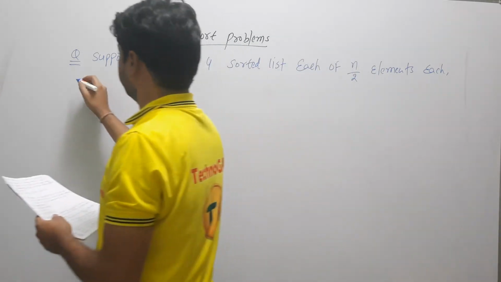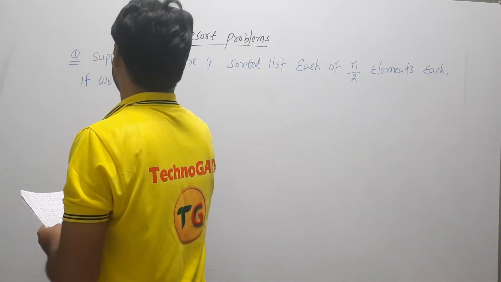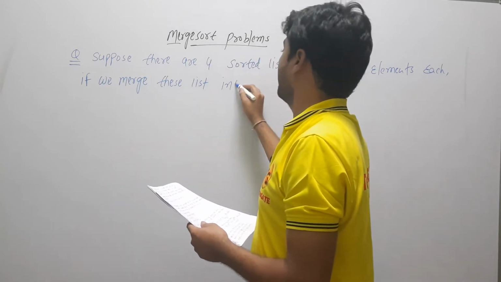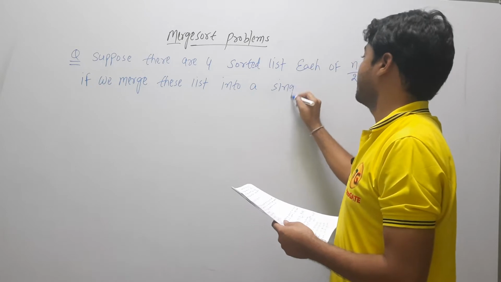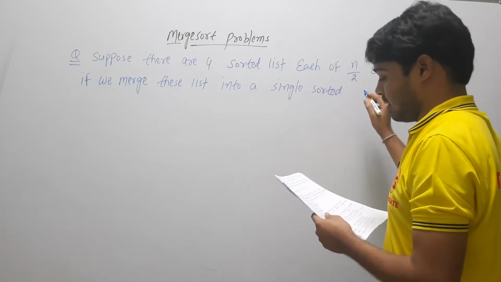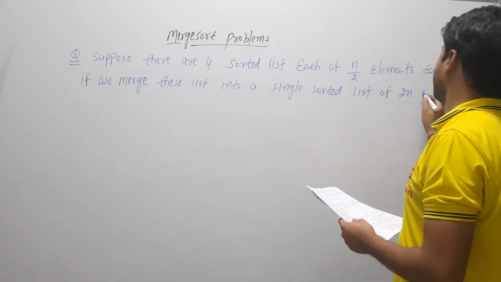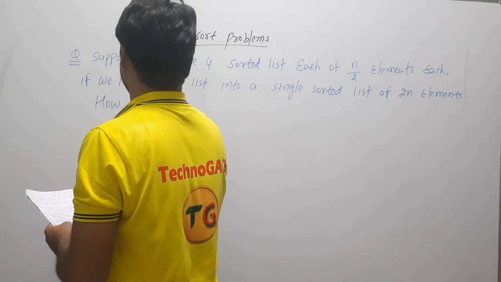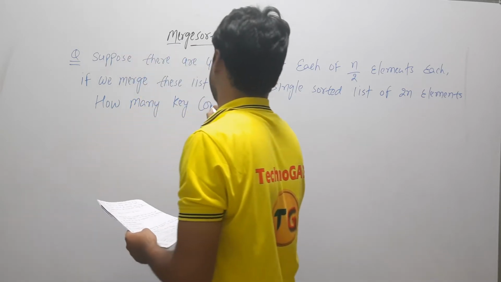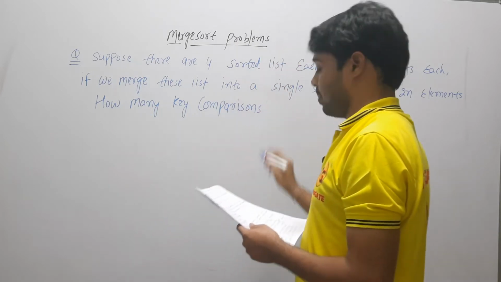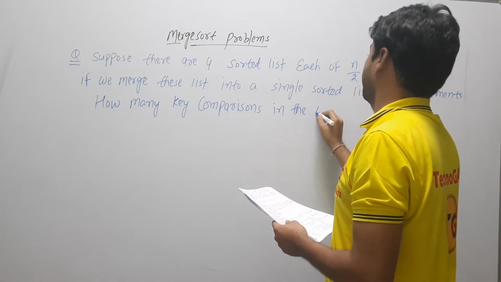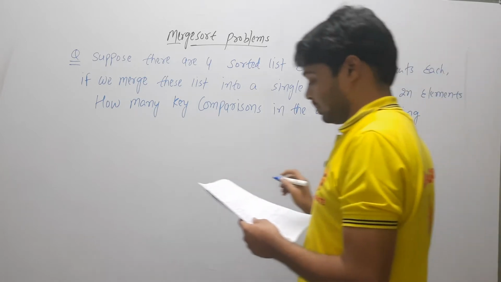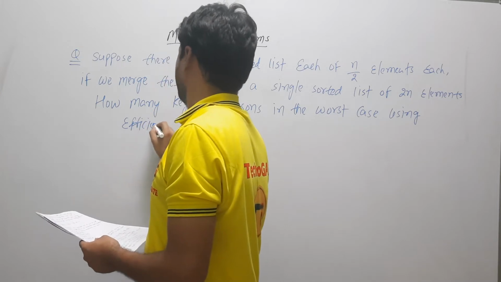Okay, so if we merge these lists into a single sorted list of 2n elements, how many key comparisons in the worst case using an efficient algorithm?